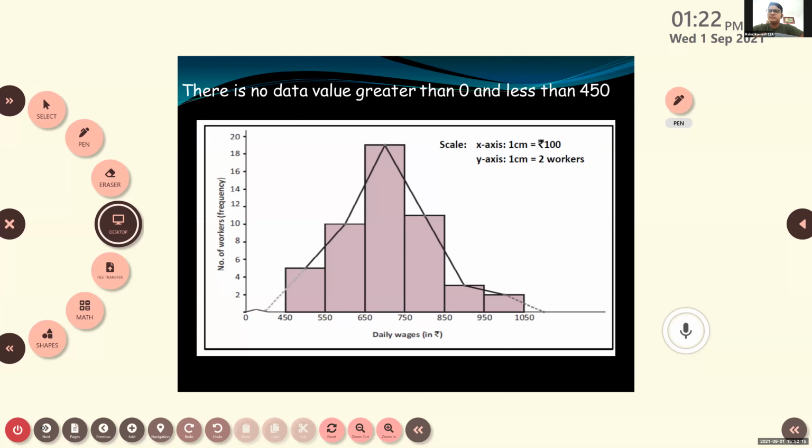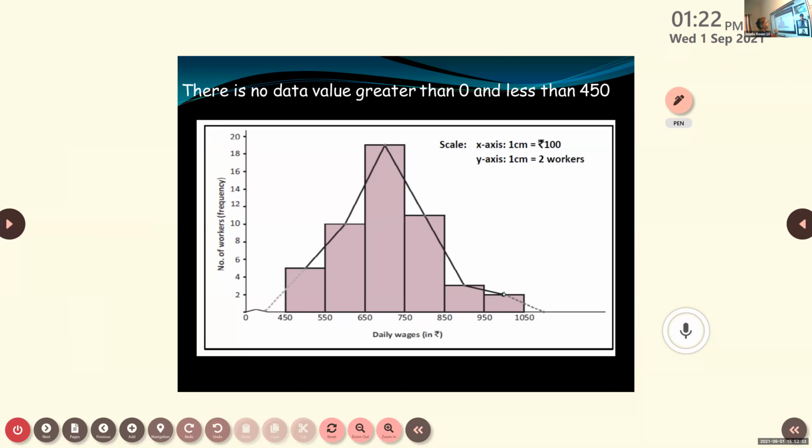Frequency polygon. So what are the steps involved in this? You have to draw the histogram, find the midpoints of all the histogram bars, and join them with straight lines, and you will be getting the frequency polygon. And for the first and last histogram, the midpoint should be joined with the baseline with a dotted line.